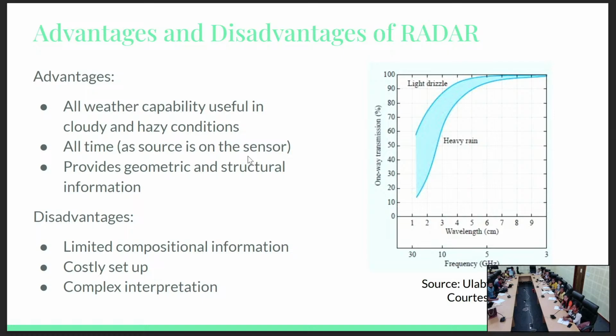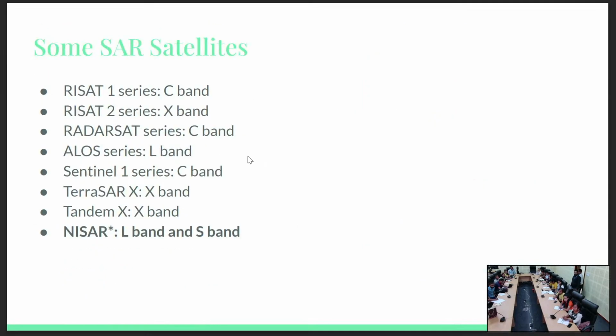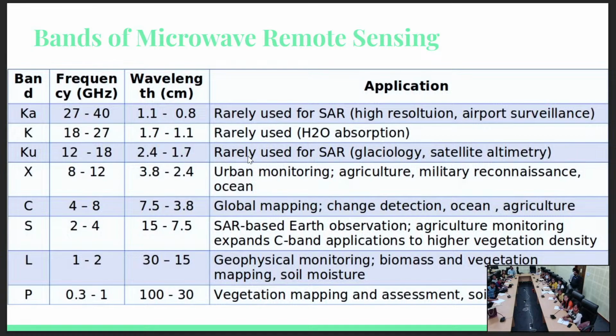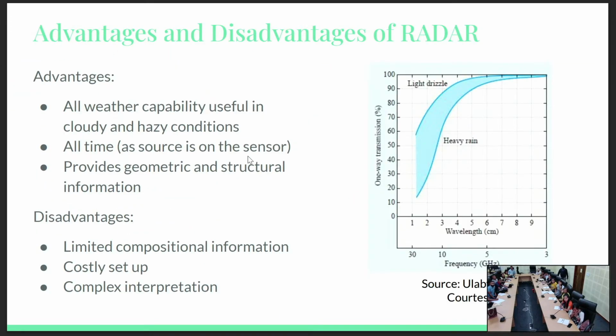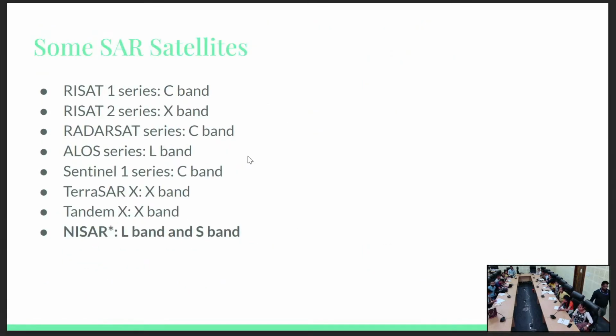So for wavelengths of which bands are there? Do you remember over here? K band is around 1.1 to 1.7. P band is 30 to 100. So let's see how that goes. So 30 to 100 is not there in the scale. Let's find something around 9.